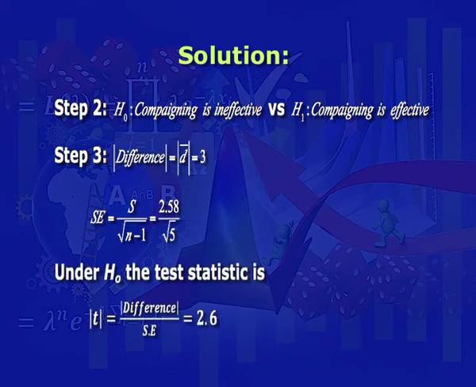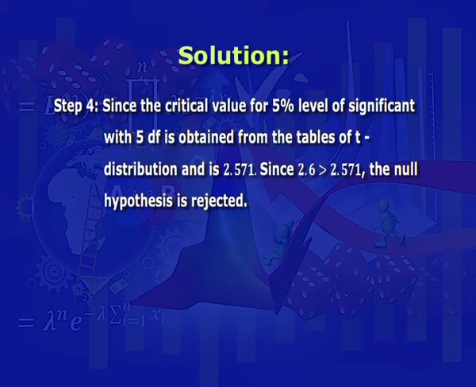Under H0, the test statistic is defined as modulus t equal to modulus difference divided by standard error. Substituting the above result of modulus difference and standard error, we get the value of test statistic modulus t equal to 2.6. Now, in step 4, we take how to take the decision.